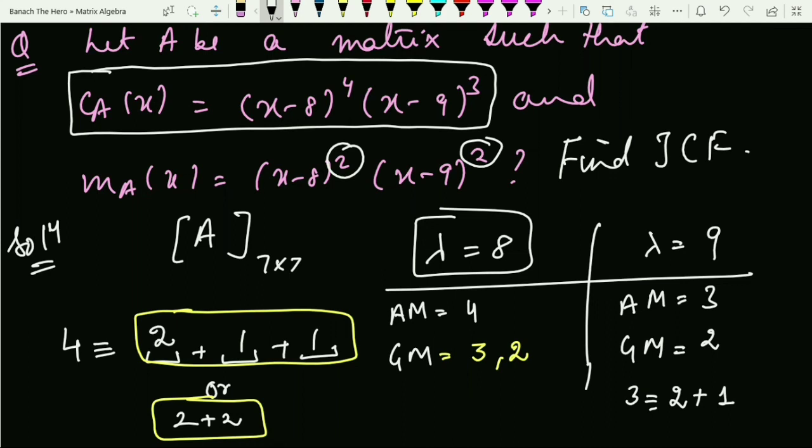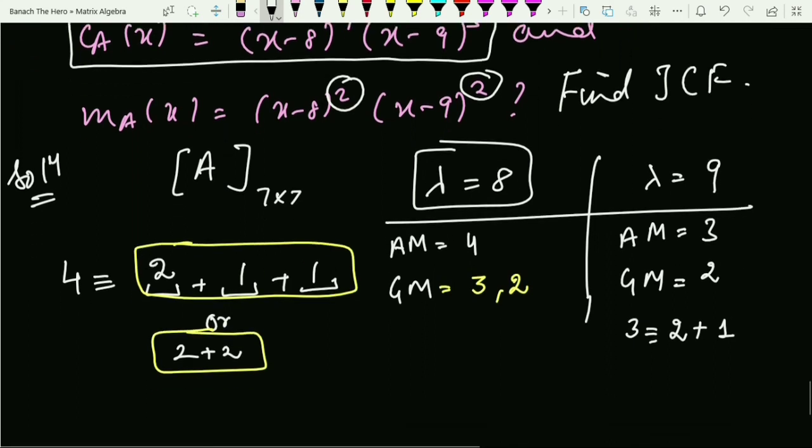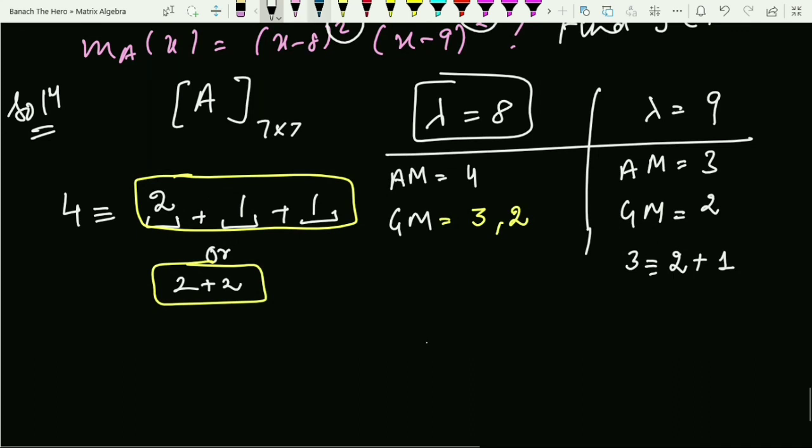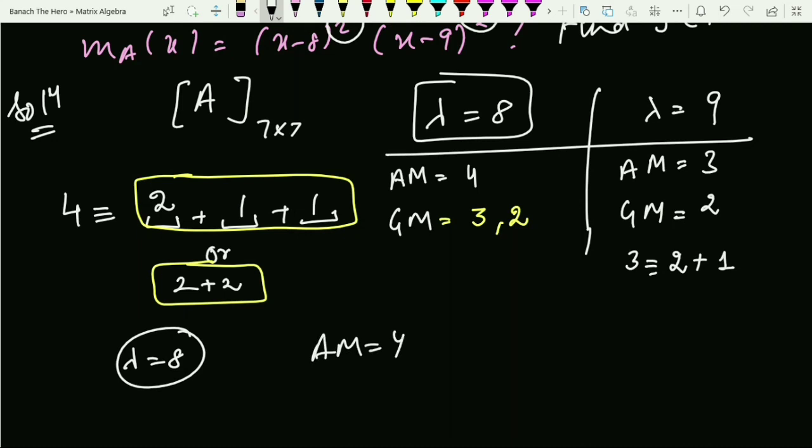If you have a characteristic polynomial and minimal polynomial, you can calculate the lambdas, the AM, and the GM, and if you have AM, GM and lambda, you have the JCF. So let us look into how to calculate the JCF now. For lambda equals 8, AM is 4. So we have two choices: GM is 2 or GM is 3.